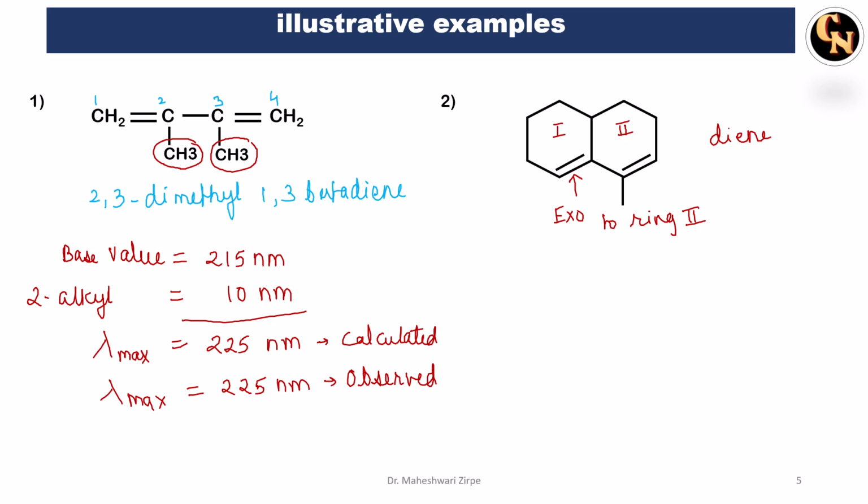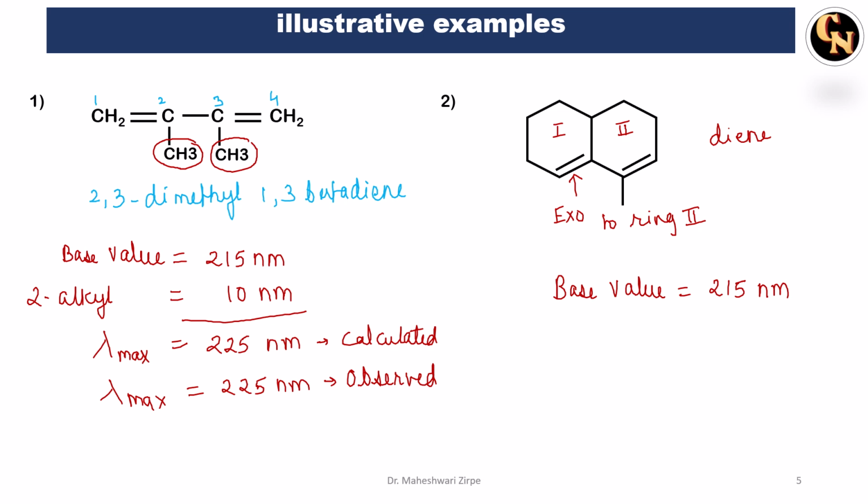All these things you have to find out, and then add them to your base value. So let us start how to calculate the lambda max value. First thing is base value. What is the base value for such type of rings? The base value remains the same, that is 215 nanometers. Then how many substituents are there?